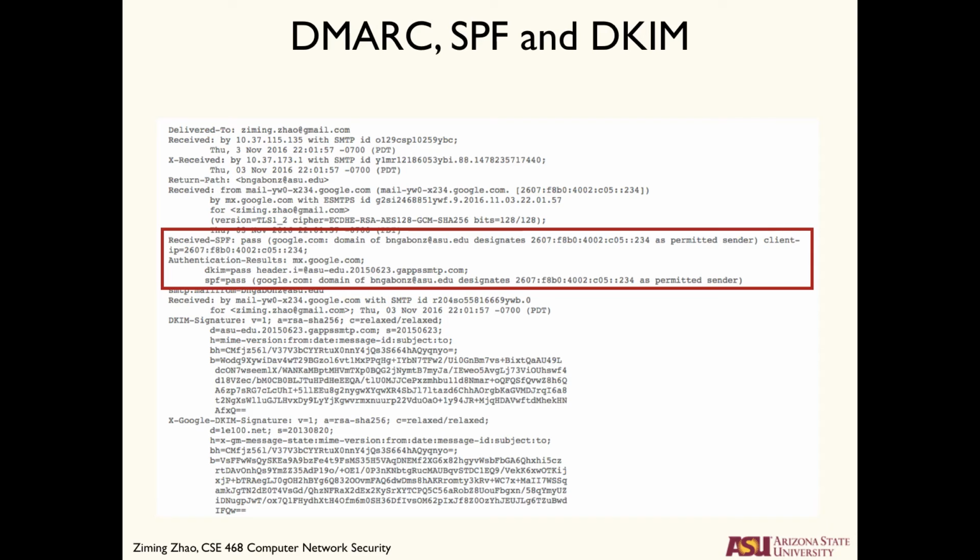So it has been widely deployed by a lot of organizations. But in order to deploy something like this, every mail server has to implement it. So big organizations have to change their mail servers, and Gmail has already updated this. So this is what we have for email security.